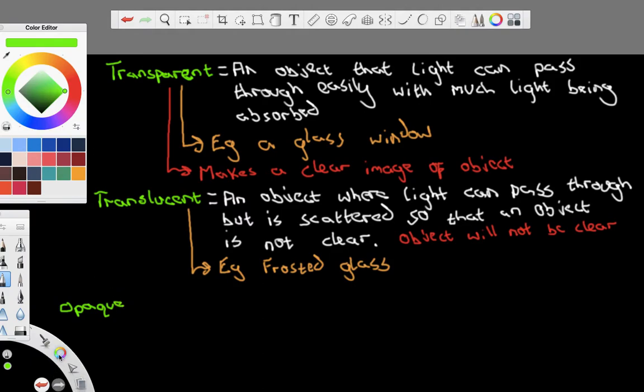O-P-A-Q-U-E. Okay? Now, an opaque object is a material that does not transmit light.